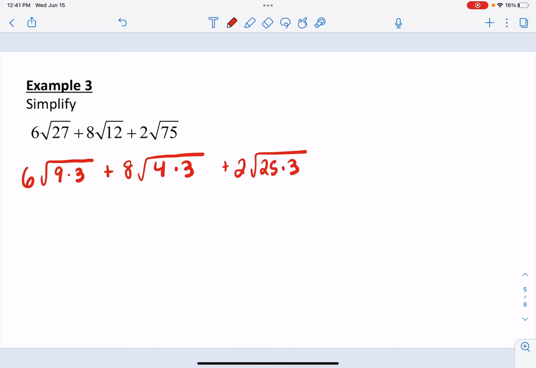So the 9 breaks out and becomes a 3 outside. Eventually I'm going to multiply it to the 6. The 4 breaks out and becomes a 2 outside. 25 breaks out and becomes a 5 outside.